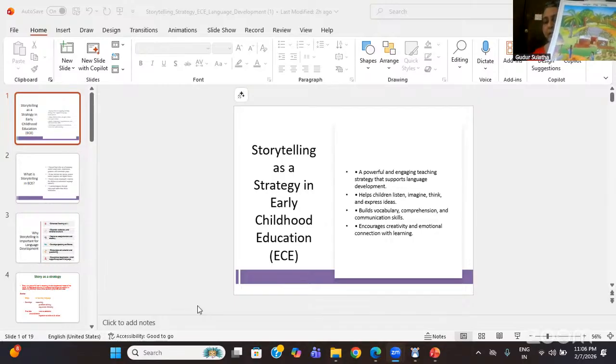Third method, giving them experiences like taking them on a nature walk, or sometimes you may take them to a child's home where there is a good backyard, and then discuss there what are all the plants, how the plants are being grown, what care is to be taken, what care the household members are taking. All these things you can discuss during the nature walk.